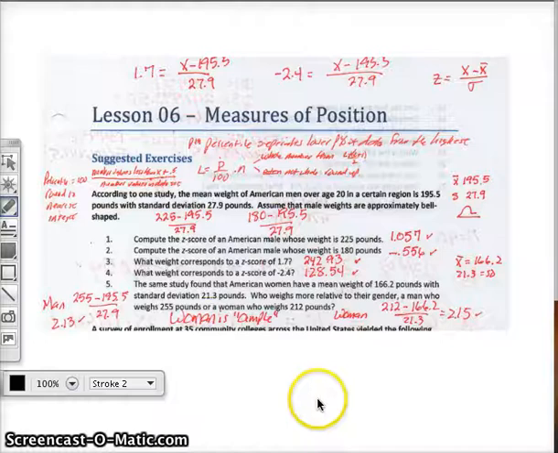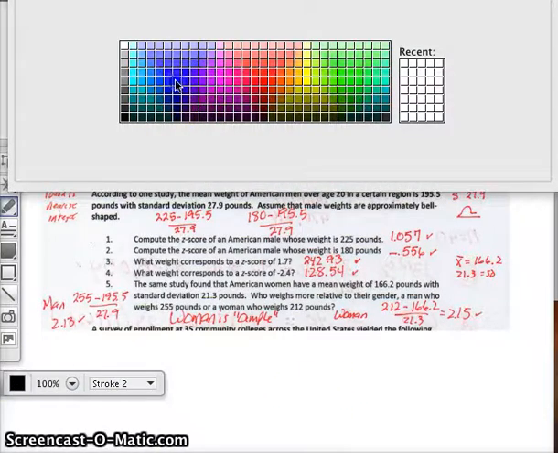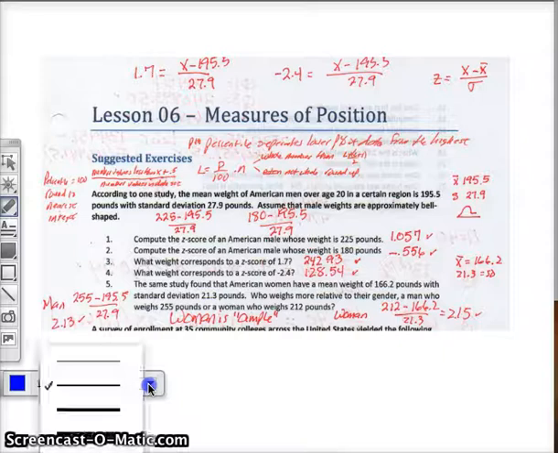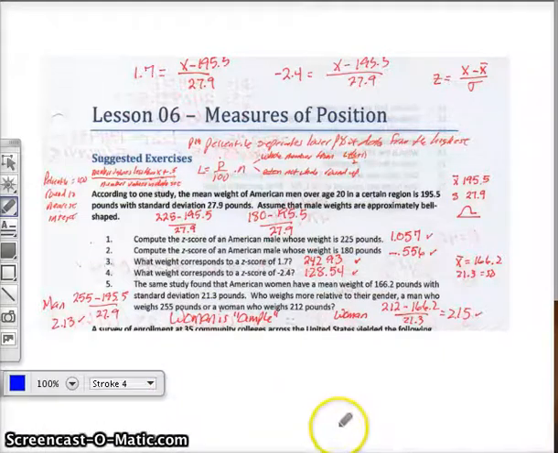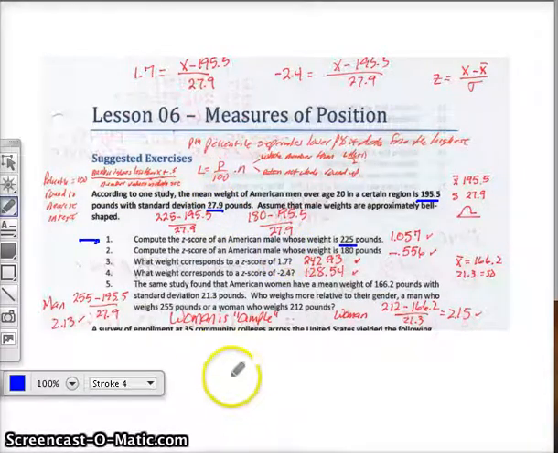Okay, so these are questions 1 through 5 in that set of data that you may or may not have questions about. So let's take a look at number 1. Compute the z-score of an American male who is 225 pounds. Now, notice they gave you, of all of the males, that's the mean, and here's the standard deviation. Compute the z-score.